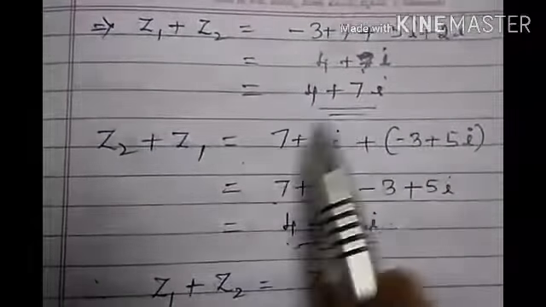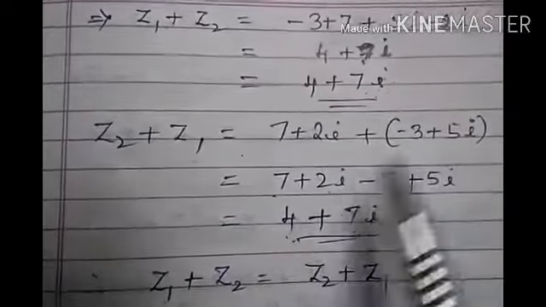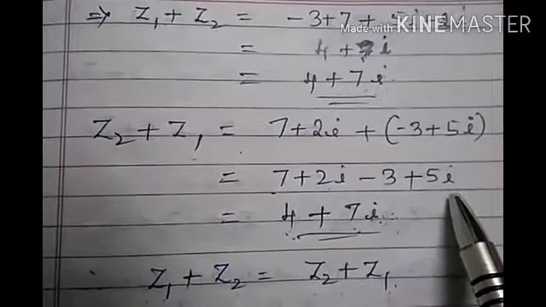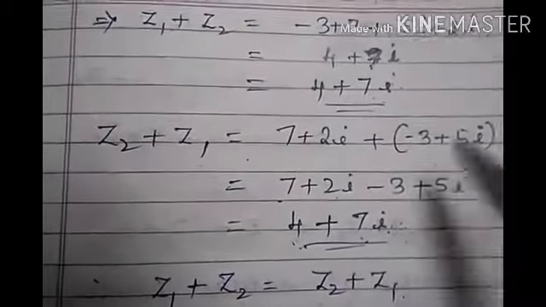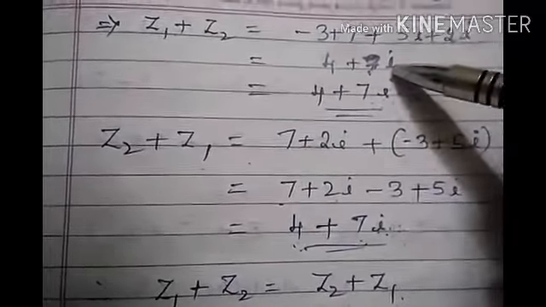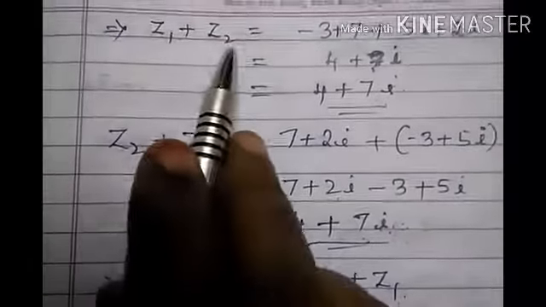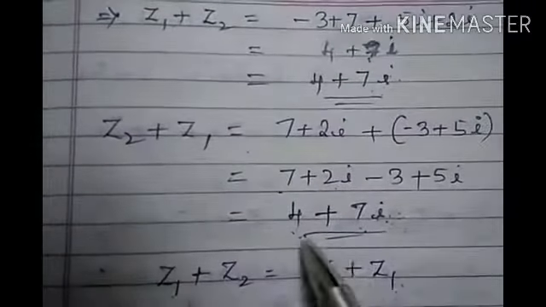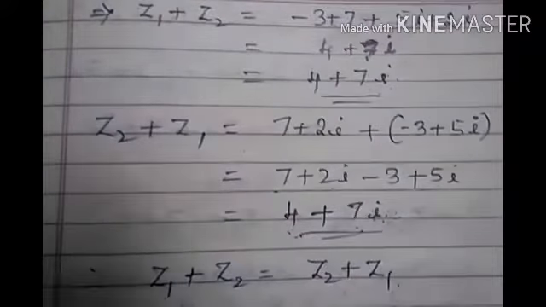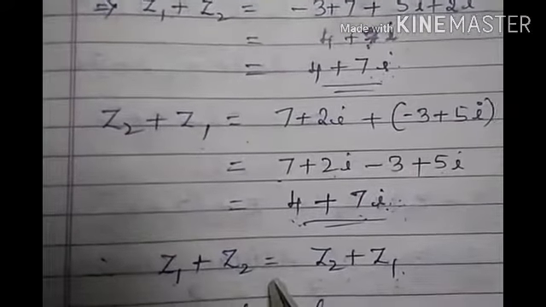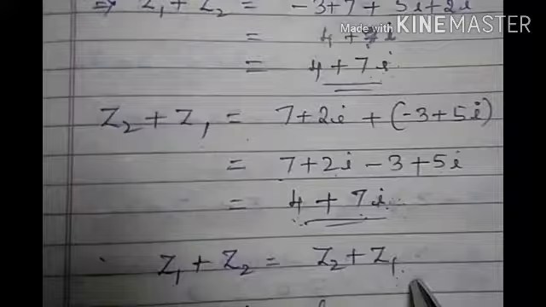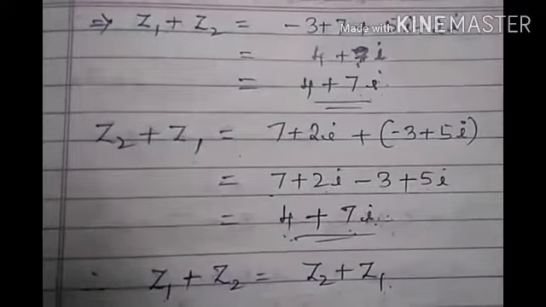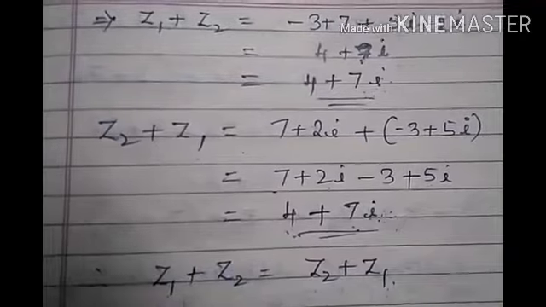Adding real parts, 7 minus 3 gives 4, and adding imaginary parts, 2i plus 5i gives 7i. Observe these two results. Z1 plus Z2 is equal to 4 plus 7i. Z2 plus Z1 is equal to 4 plus 7i. Therefore, Z1 plus Z2 equal to Z2 plus Z1. This means the complex number set satisfies commutative law with respect to addition.